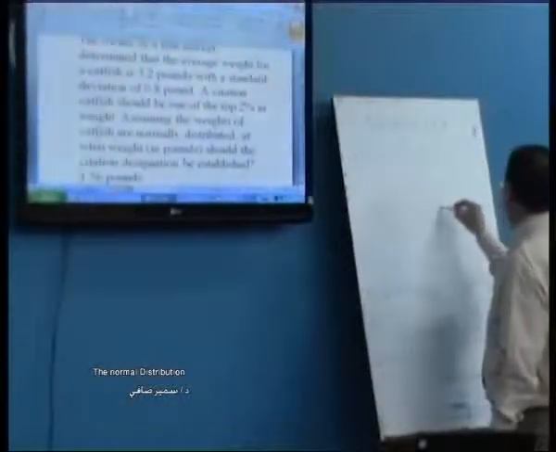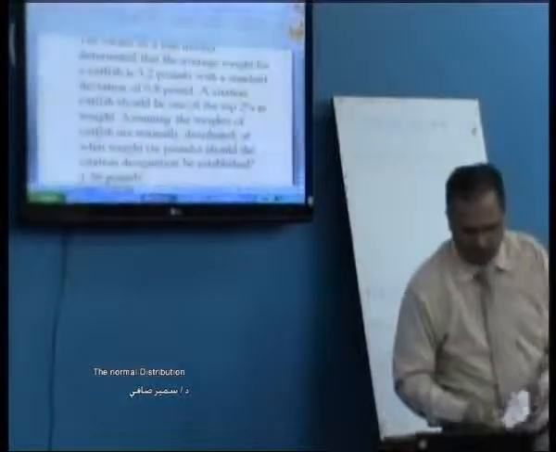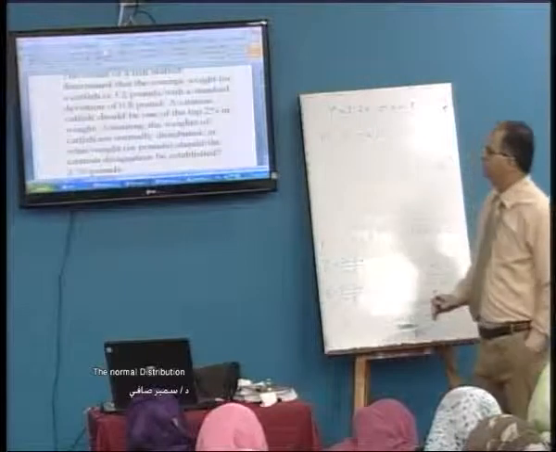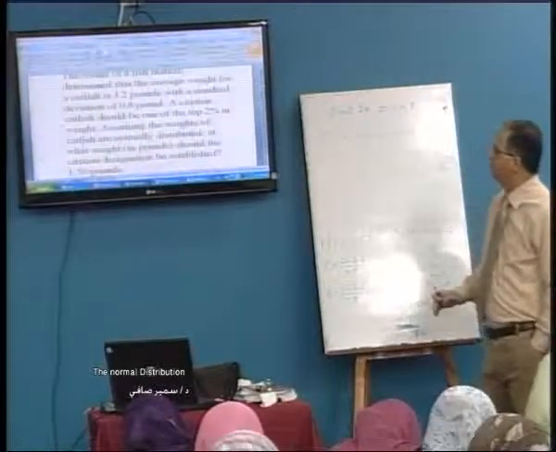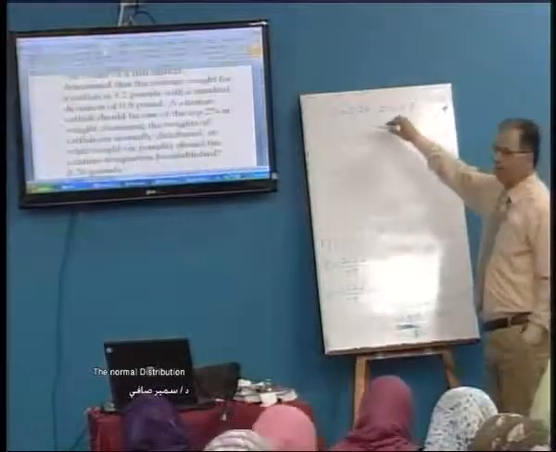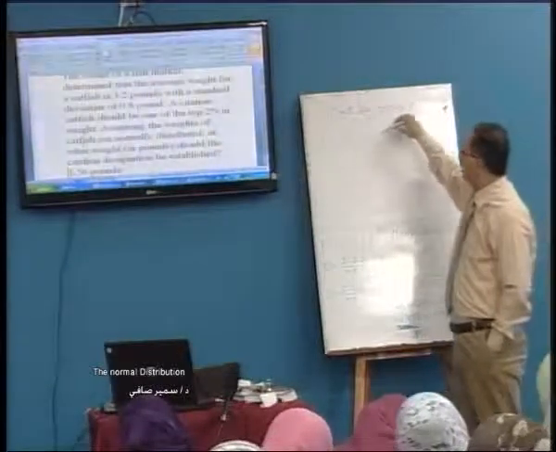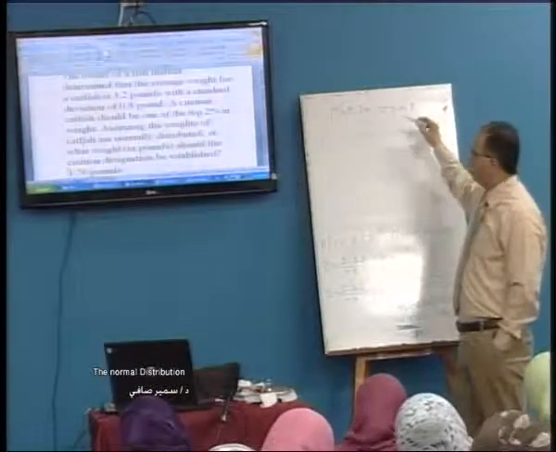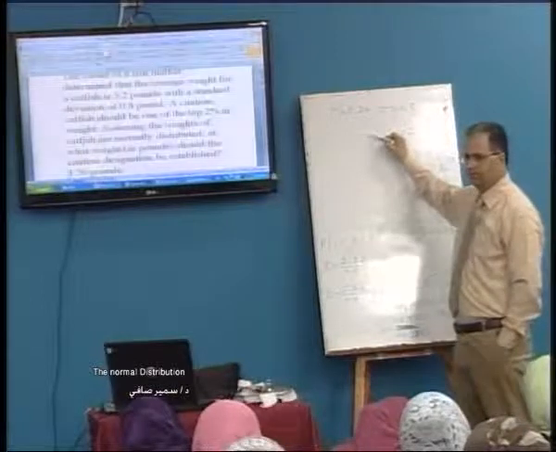So the area on the right here is 2%. What's the value of x in this case? So here, probability of x greater than a equals 0.02, and we are looking for this value.